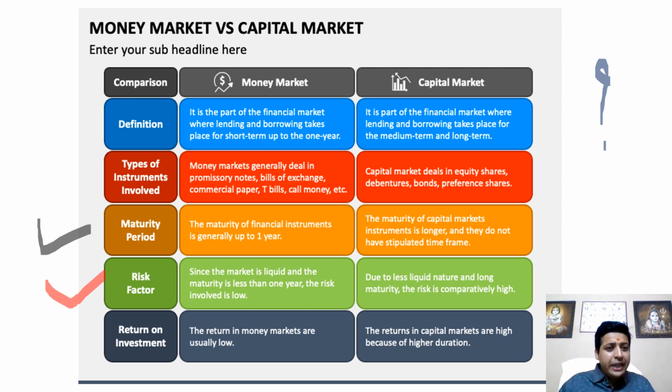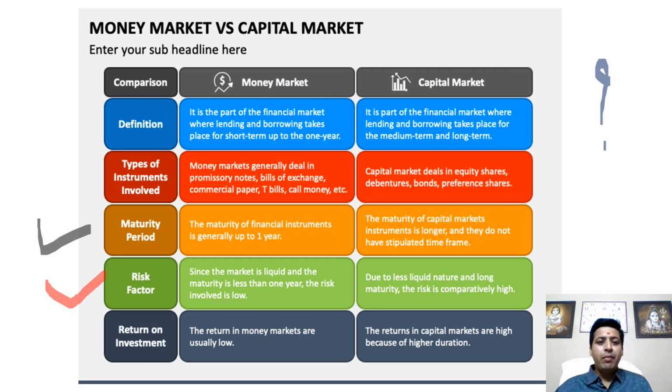So there are certain risks associated with the money market and capital market. When we talk about the money market, since the money market is liquid and the maturity is less than 1 year, the risk involved is low. If you compare any of the instruments like bill of exchange, promissory notes, commercial bills, treasury bills, call money market, everything has a low risk value.